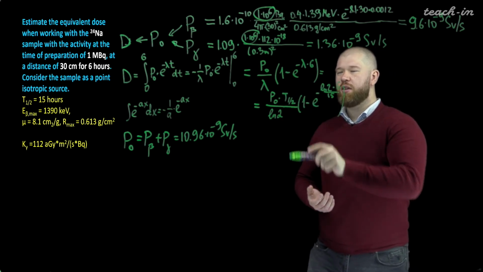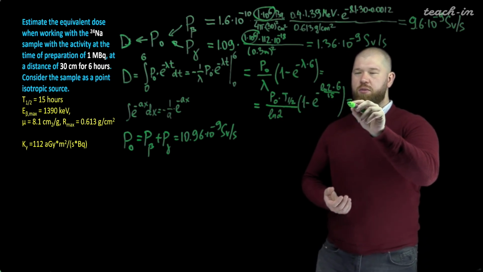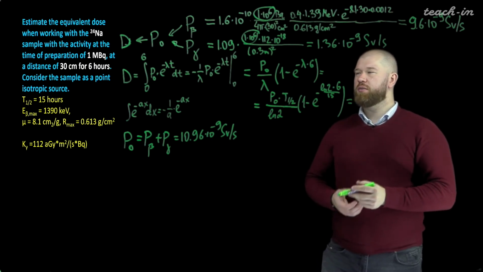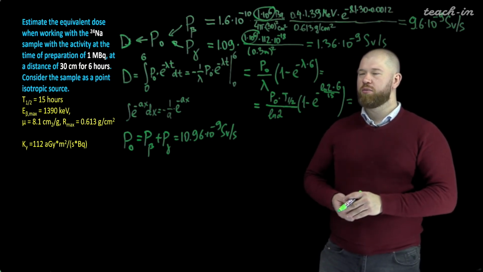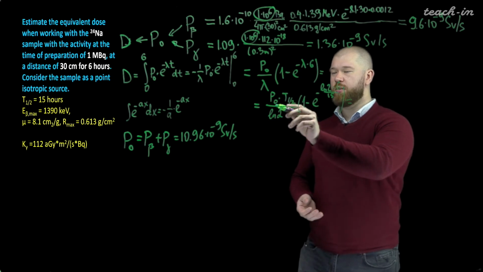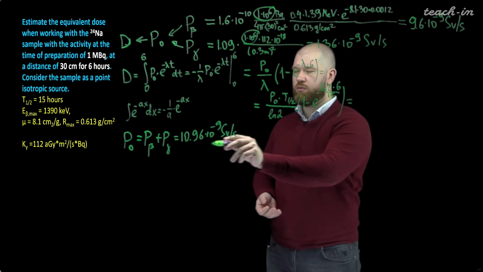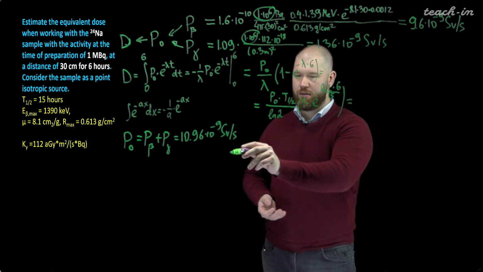But here we should convert our 15 hours, the half-life of our radionuclide, to seconds, because we calculate the dose rate in sieverts per second.